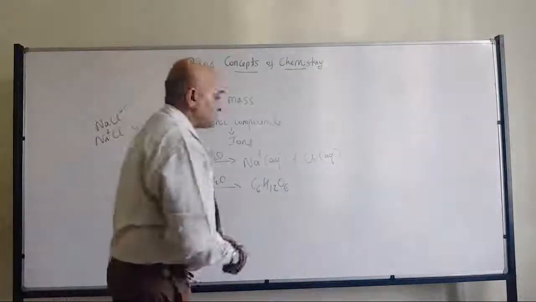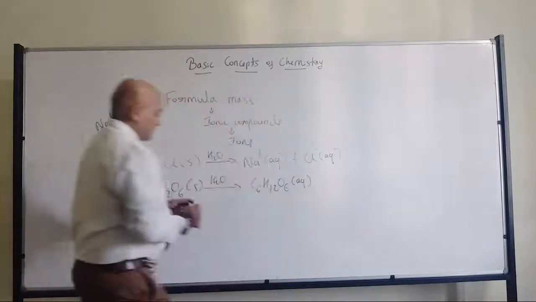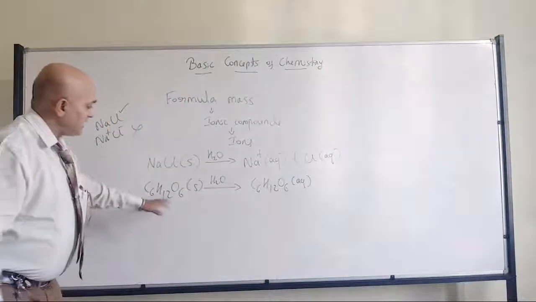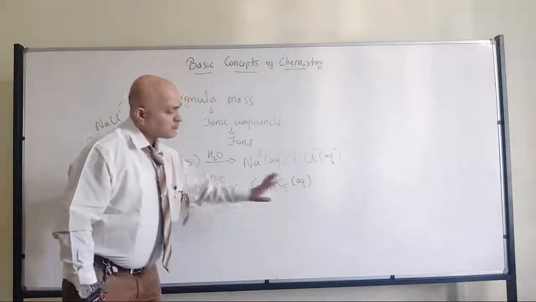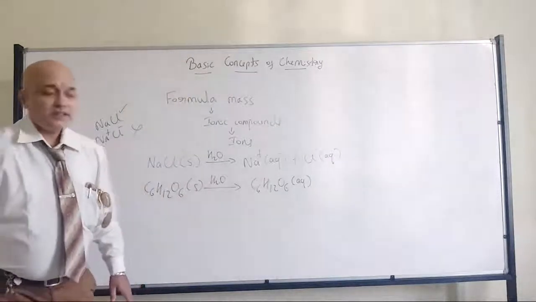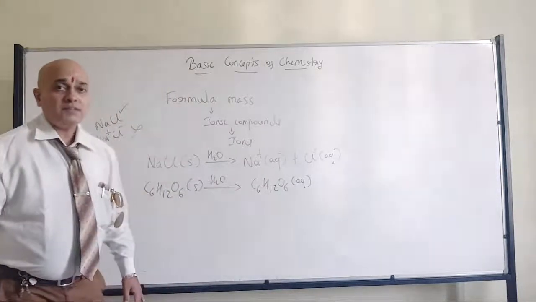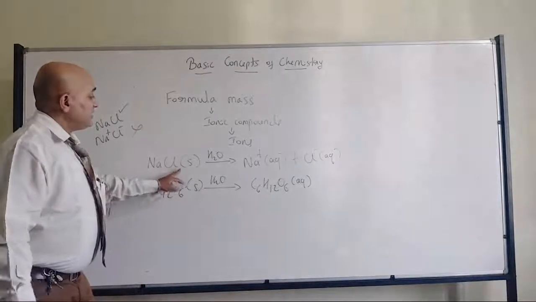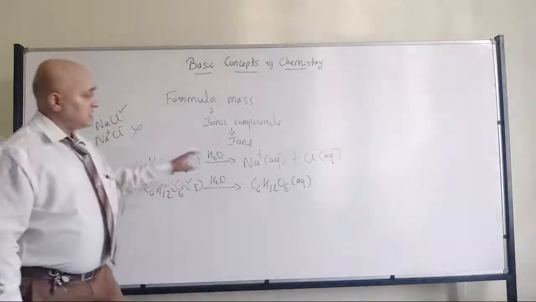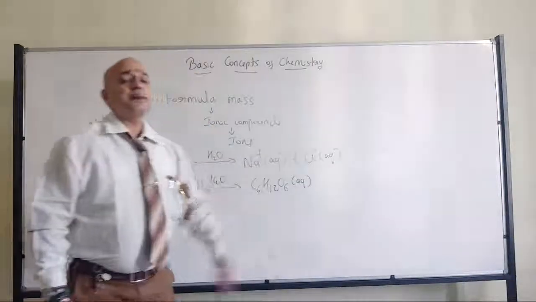Same way, glucose also gets dissolved, but the only thing here is, there is no dissociation. Here it is C6H12O6, and here also it is C6H12O6 only, whether it is in crystal form or aqueous form. In both cases, the formula is the same. But for NaCl, in solid state it is NaCl, but in water it becomes Na+ and Cl-.